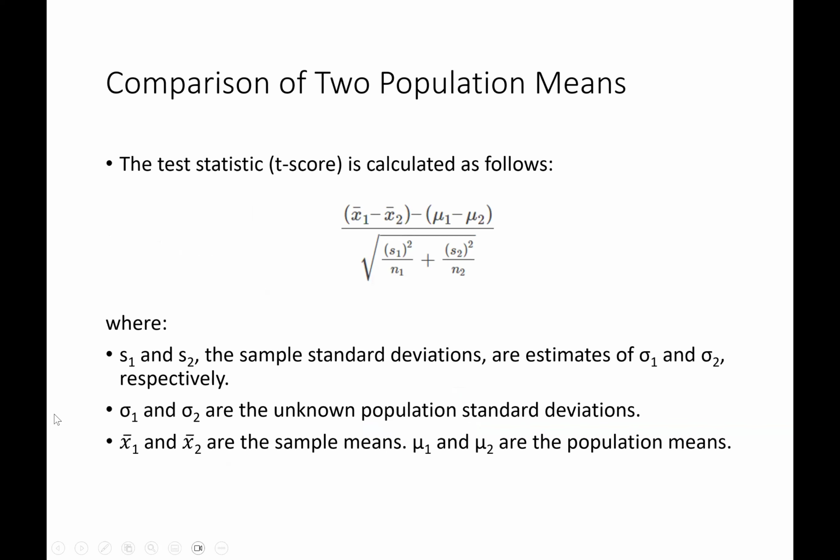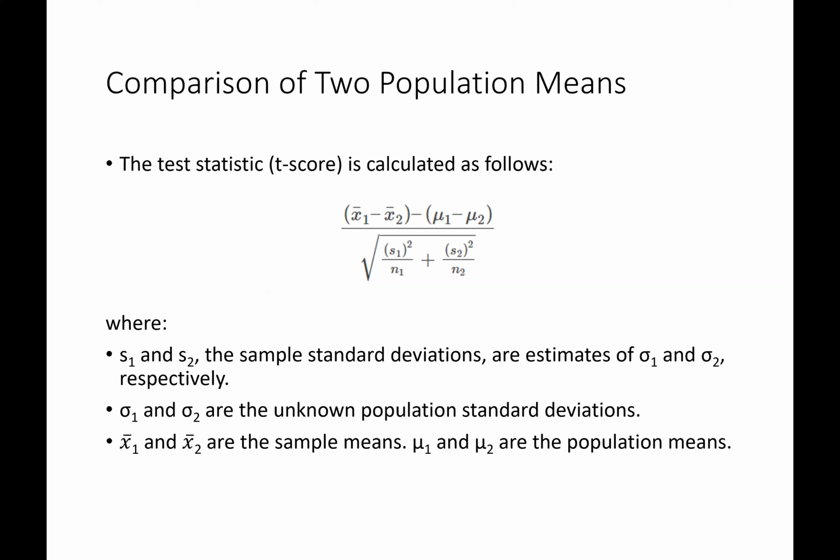The test statistic then would be calculated as follows. You're going to take the difference in the sample means and divide it by this standard error of the means for independent samples. Now, typically, we are looking at a hypothesis test that compares the population means, that says that they're the same or they're different, or one is bigger than the other or smaller than the other.